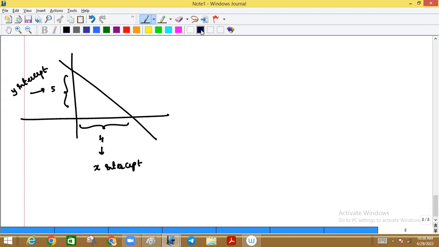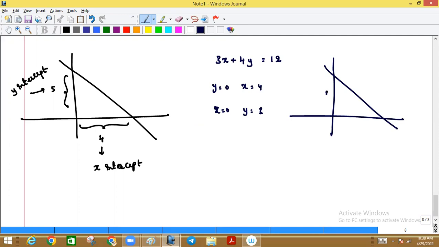How do you generally draw a line? Suppose 3x plus 4y is equal to 12. Put y is equal to 0, you'll get x is equal to 4. Put x equal to 0, you'll get y is equal to 3. This is how you draw it. It is 3, it is 4. This is called x-intercept. This is called y-intercept. This is called intercept between the coordinate axes.